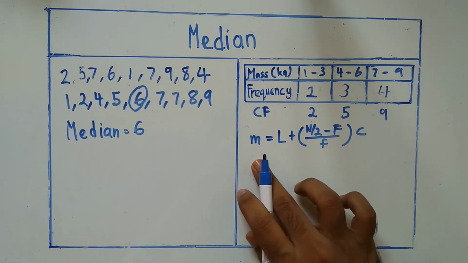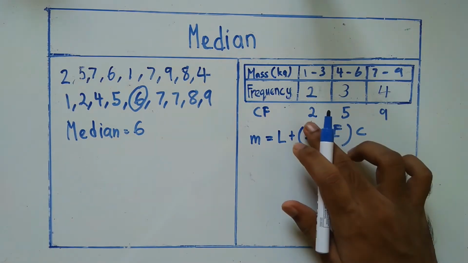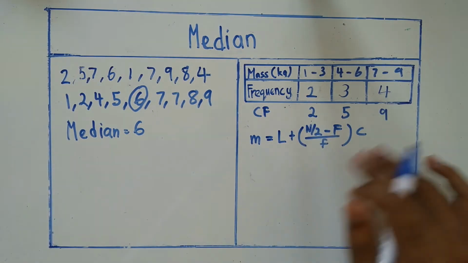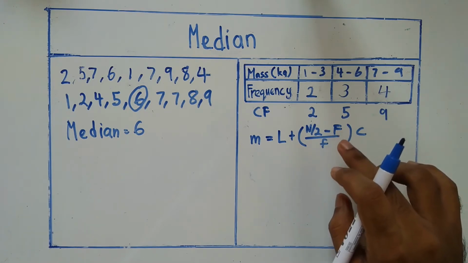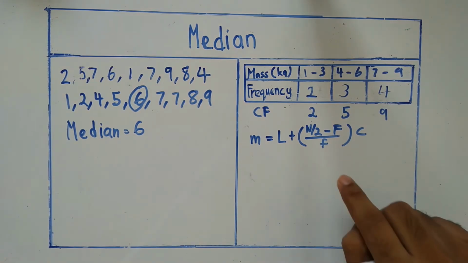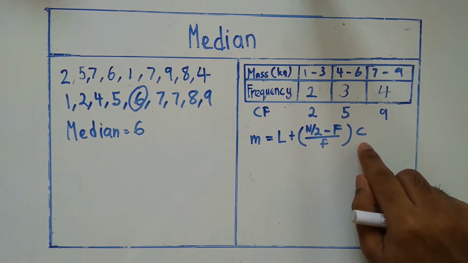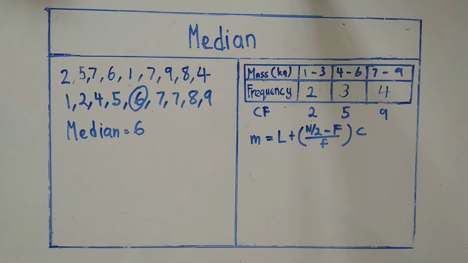M is the median, L is the lower limit of the median class, N is the total frequency of the dataset, and big F is the cumulative frequency before the median class, and small f is the frequency of the median class. C is the range of the median class.